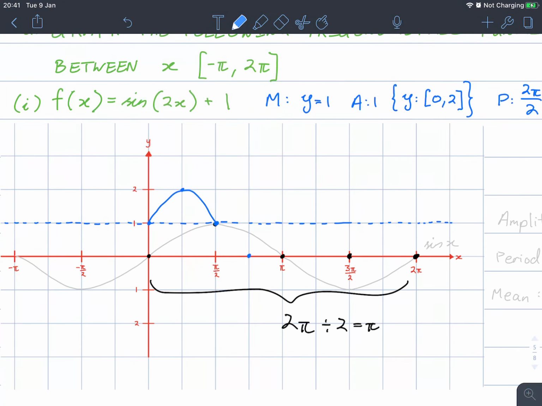So it's going to be here. That is one cycle between 0 and pi.